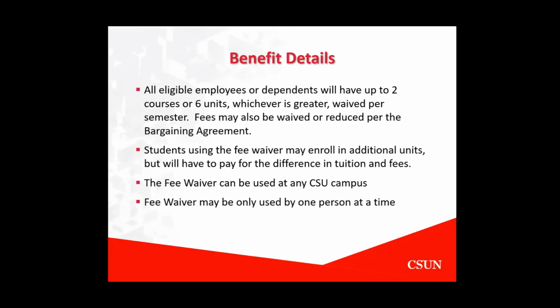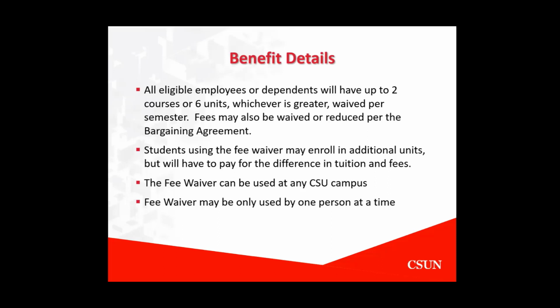Benefit details. To provide a general explanation of the benefit, the fee waiver benefit waives 2 courses or 6 units of tuition, whichever is more, per term. Mandatory fees may also be waived or reduced depending on the person using the benefit, per the collective bargaining unit.